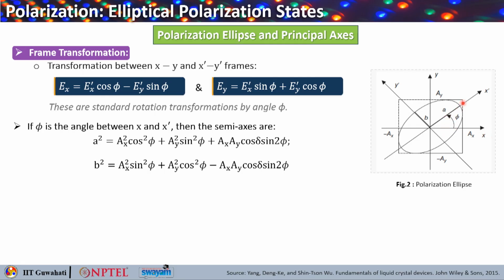So in that case, a square and b square, where a is basically the half major axis and b is the half minor axis, can be related to the earlier components like this.